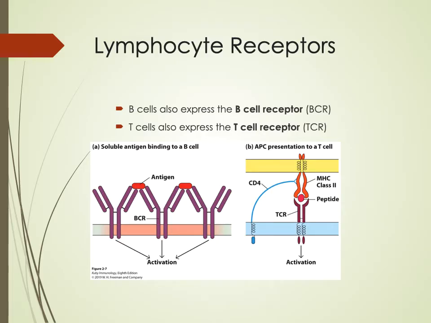So just taking a closer look at these lymphocyte receptors, we can see on our left panel here our B cell receptor. This B cell receptor has the same structure as an antibody. So when we talk about antibodies later on, we'll talk about how they have 2 heavy chains and 2 light chains. And that same structure holds with a B cell receptor.